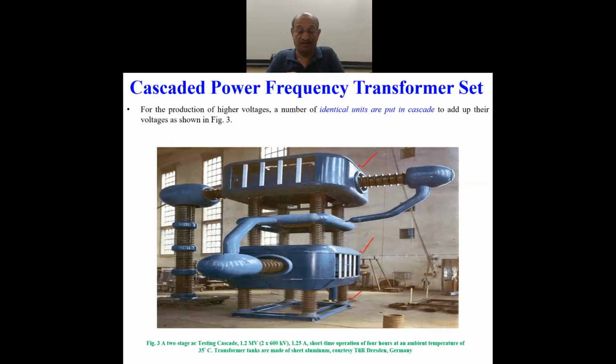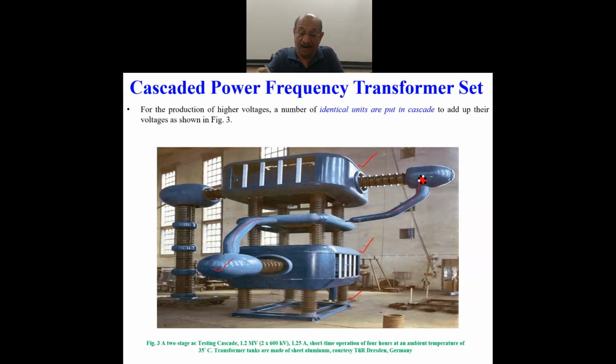Now, the secondary of this first unit is coming out of the container here. This is the secondary voltage output of the first unit, and that is taken here, as you can see, over these pipe electrode systems, and provided to the second unit as its primary.